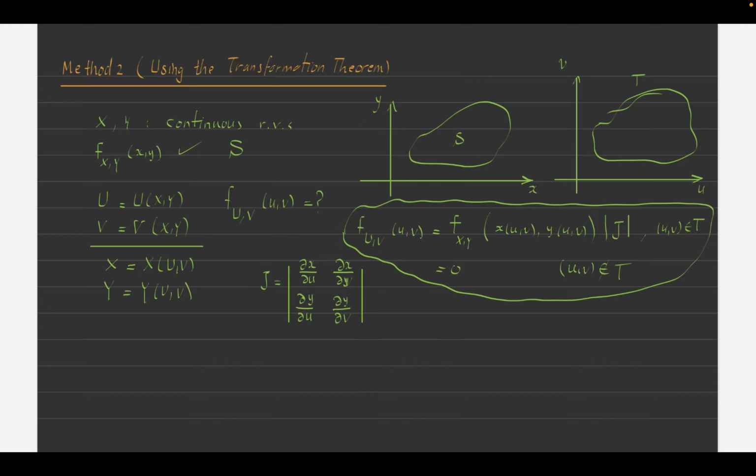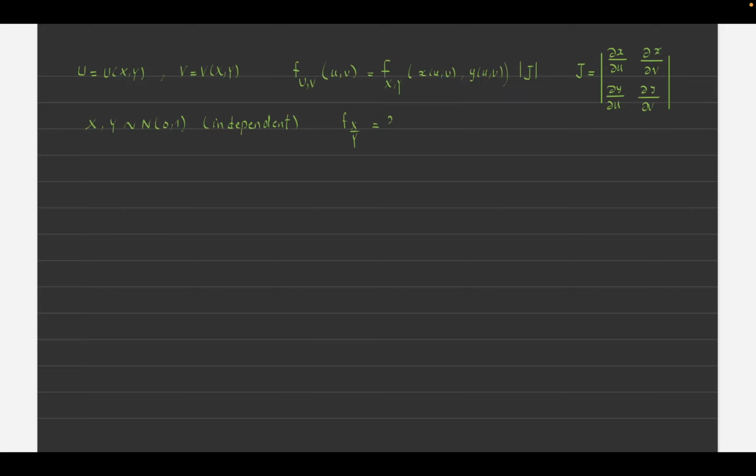Okay, so let us go to the new page and start solving the same problem using this method, which you will see is much more efficient than the previous method. Okay, so this is the content of the theorem that I explained briefly on the previous page, and now this is the problem. We know that x and y are independent random variables. Both of them are normally distributed, standard normal distribution. We want to find this.